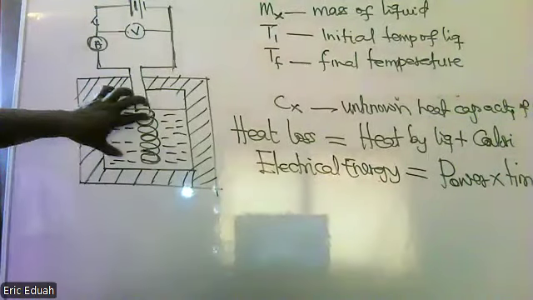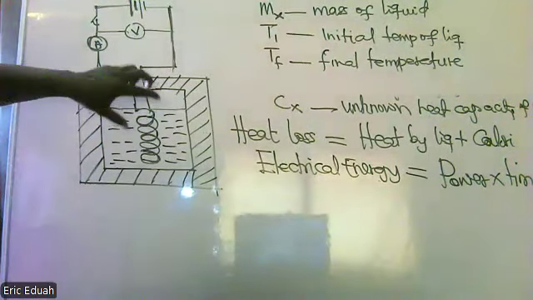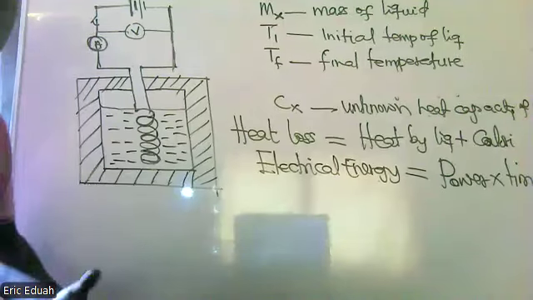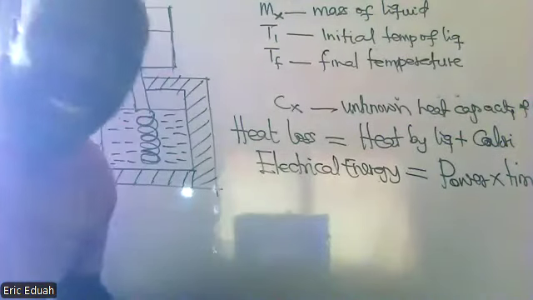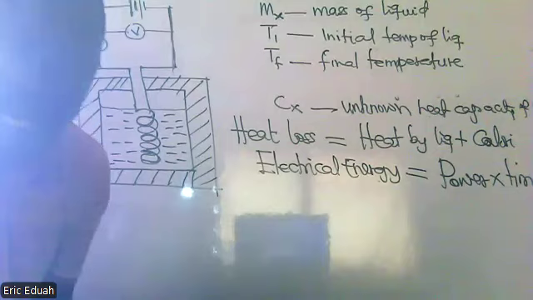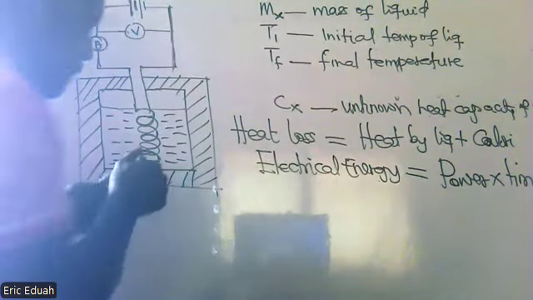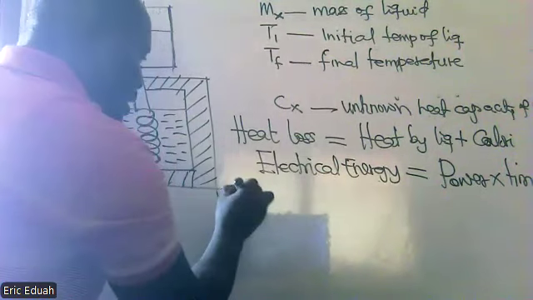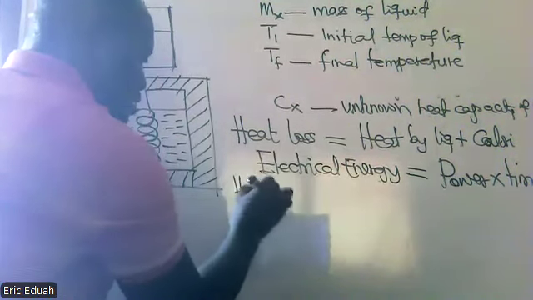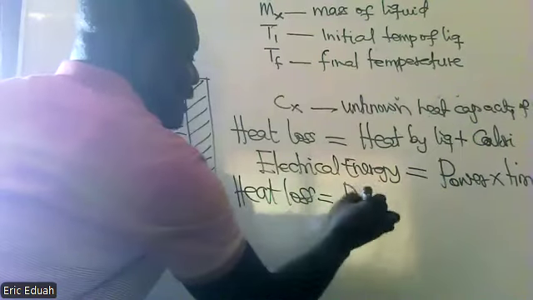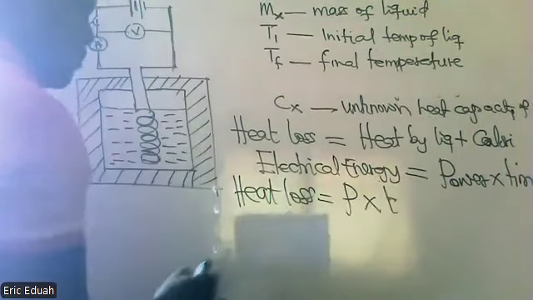The heat supplied by electrical energy is the electrical energy that is converted to heat energy. So the heat loss is equal to the electrical energy. So heat loss is equal to power times time.